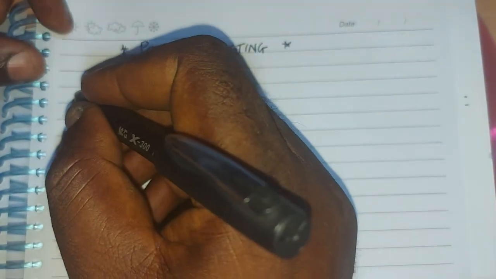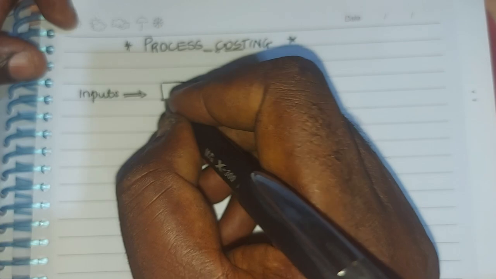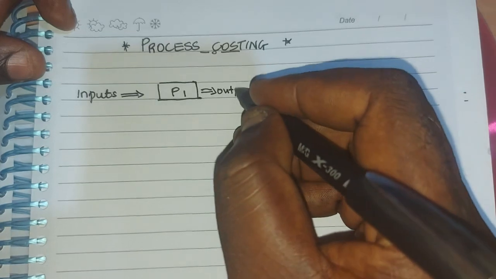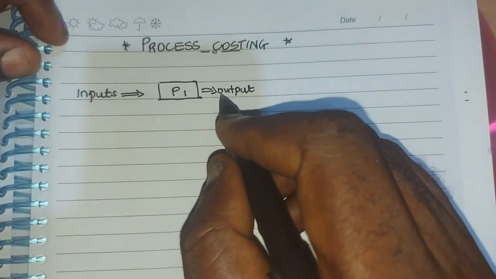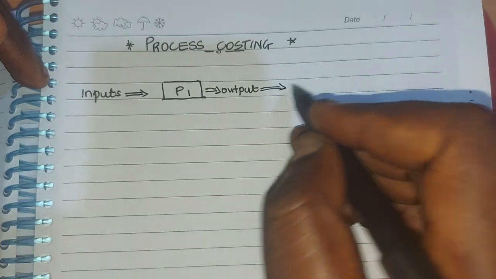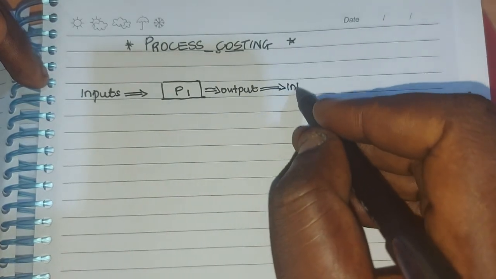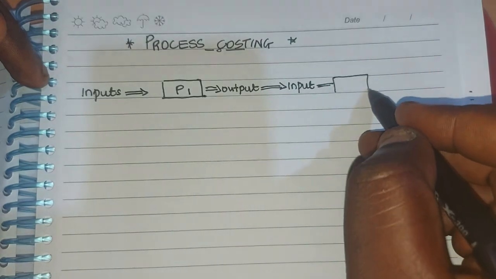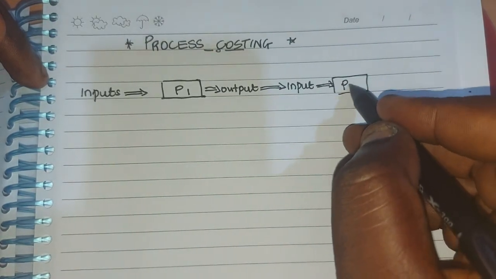Let's take, for example, you have your input material. The input goes into a process, say process 1. Then it comes out as an output, as an intermediate good. Now it goes into another process as an input, say process 2.